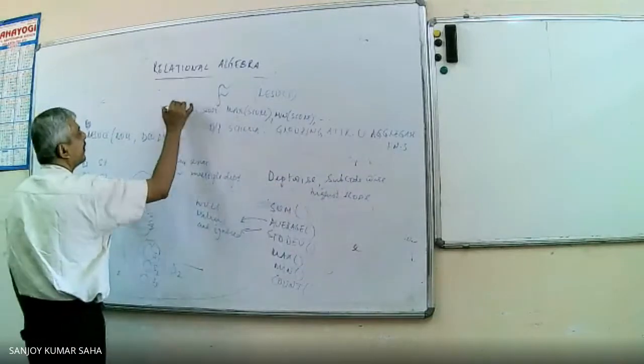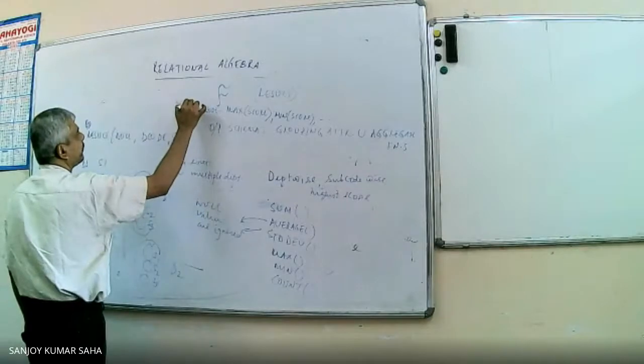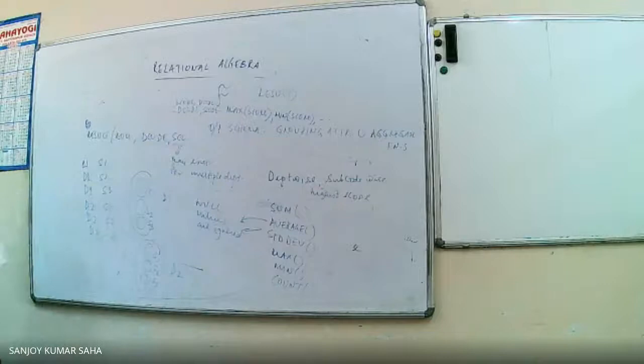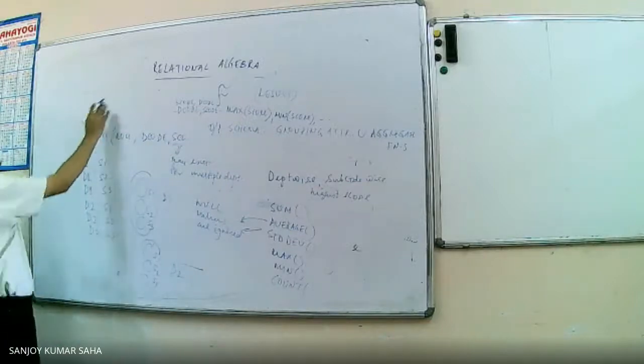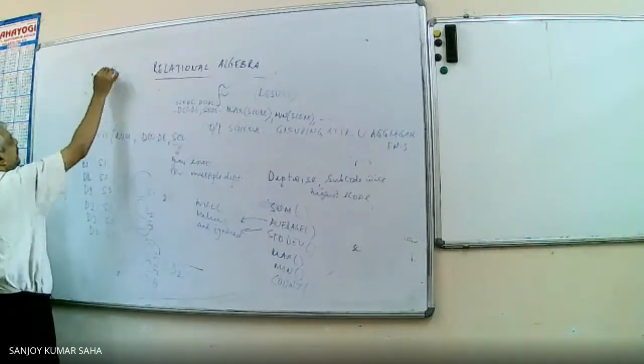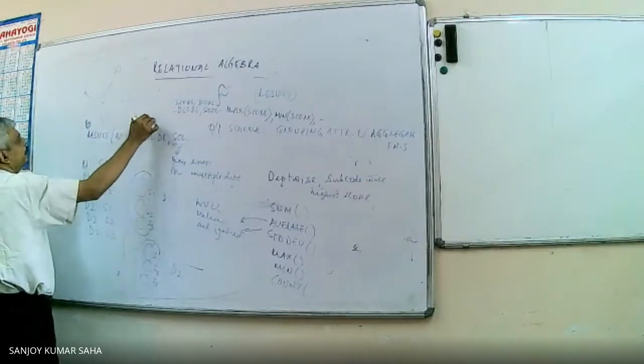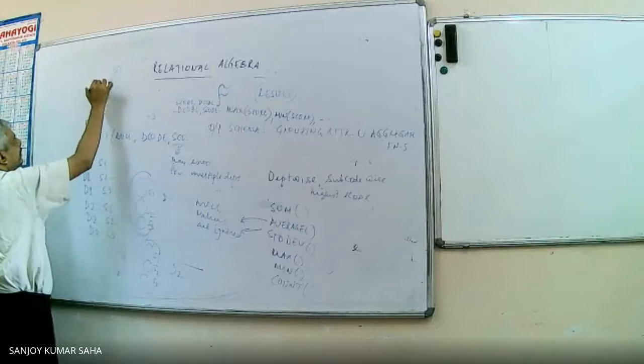Say, if instead of this one, I write subject code first, then department code, we'll be getting the same set of information. Physically, as we interpret it, they will be grouped based on the subject first, then within the subject based on the department.